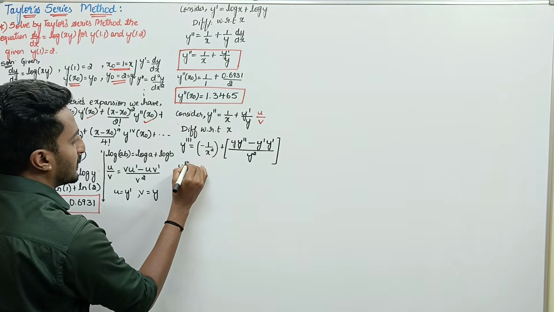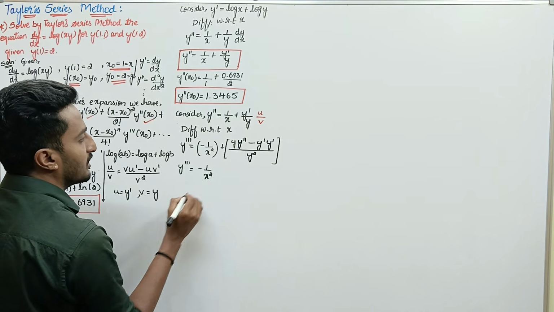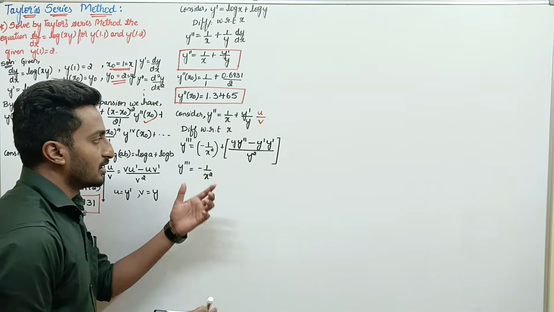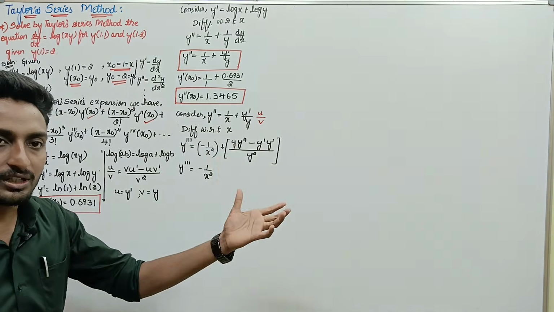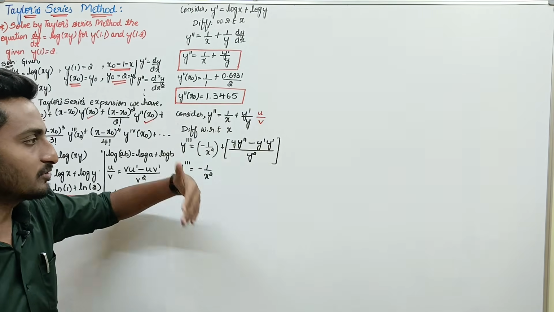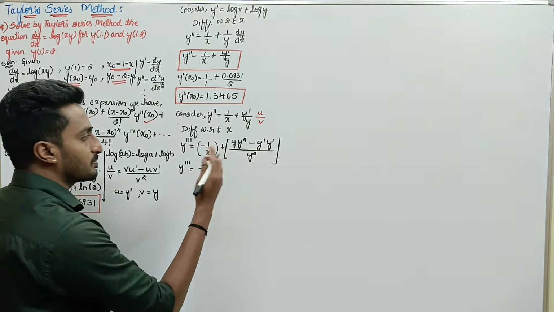Now y triple dash is equal to minus 1 by x square. Just split numerator denominator. If they have asked only for third degree term, it was not necessary to split. If they ask for fourth degree term, for simplification it will be easy, so I am going to split the part.